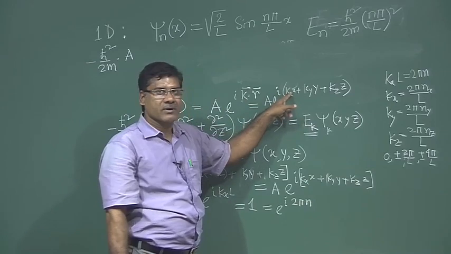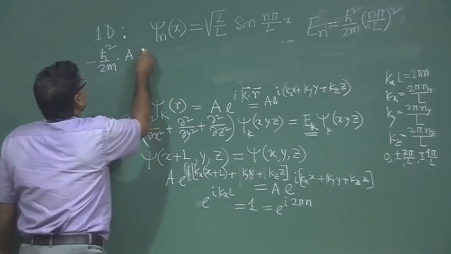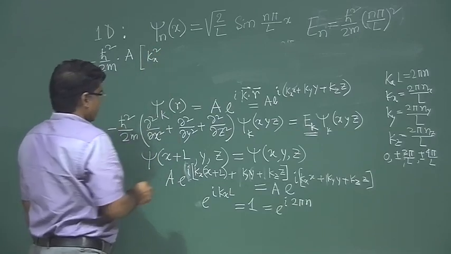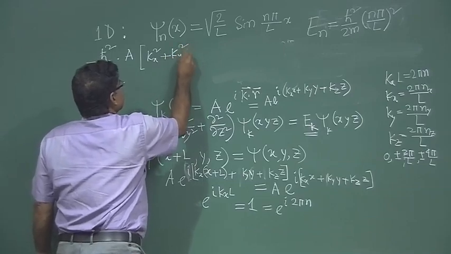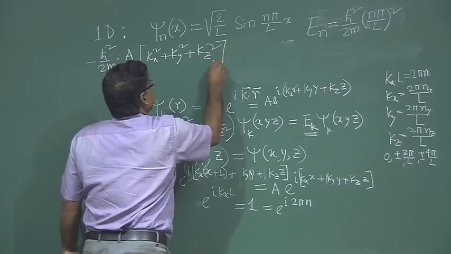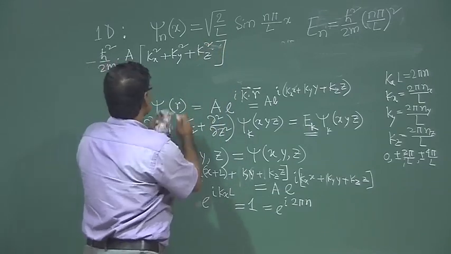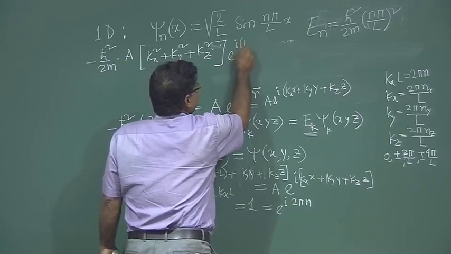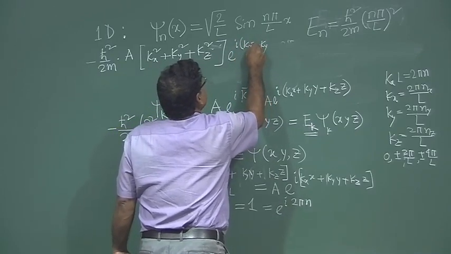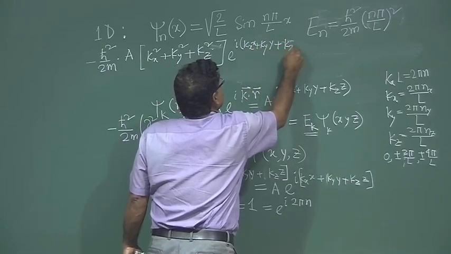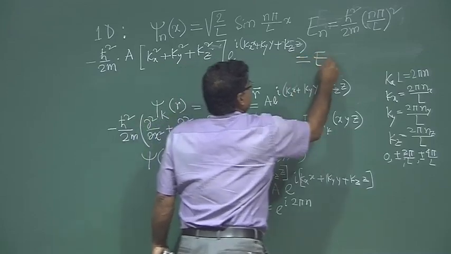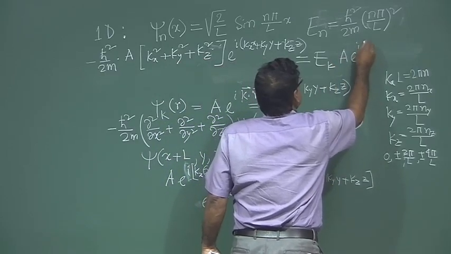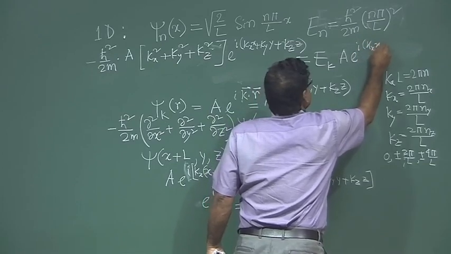So, I will get basically k_x square, then from here I will get k_y square, then k_z square, and then this wave function e to the power i (k_x x plus k_y y plus k_z z) equal to E_k times e to the power i k_x x plus etc., right.